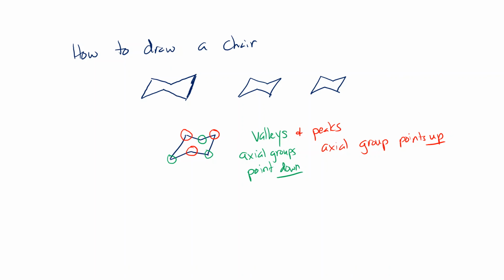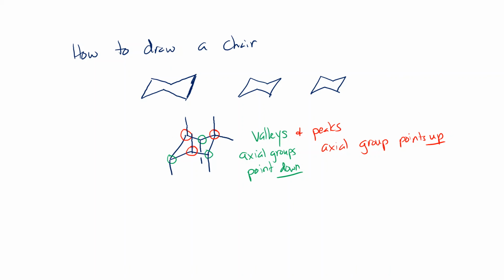So if we draw our axial groups in here, at all the peak positions, we're going to have these go straight up. At all the valley positions, it's going to go straight down. So that one kind of goes behind. Then the equatorial positions are going to balance it out. If the axial is going up, the equatorial goes out and down a little bit.